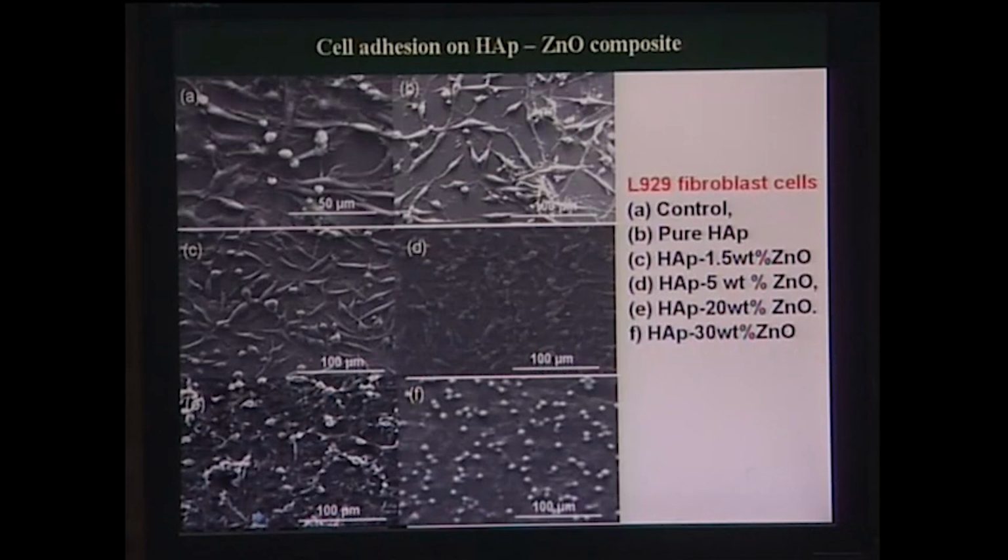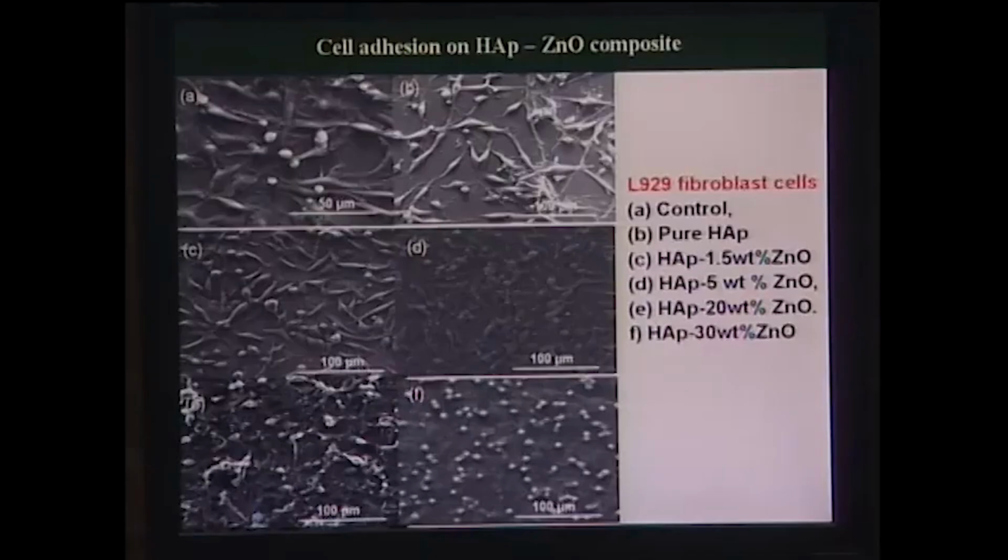Now the problem is the cellular adhesion or cell fate processes which take place on this HAp zinc oxide composite. What you notice on this HAp zinc oxide composite is that this is the control disk, this is pure HAp, this is 1.5% zinc oxide, this is 5% zinc oxide, this is 20% zinc oxide, and this is 30% zinc oxide.